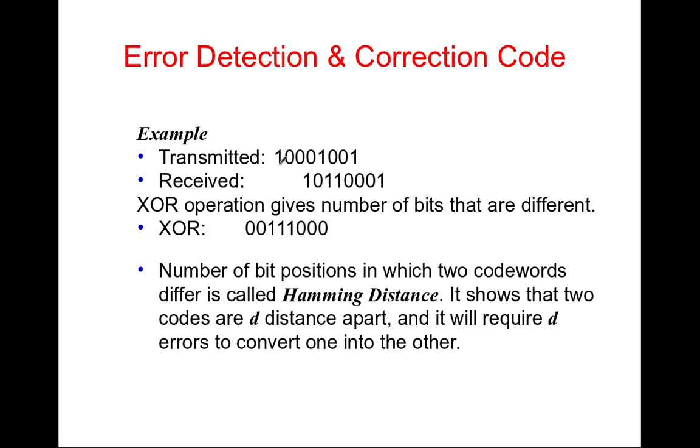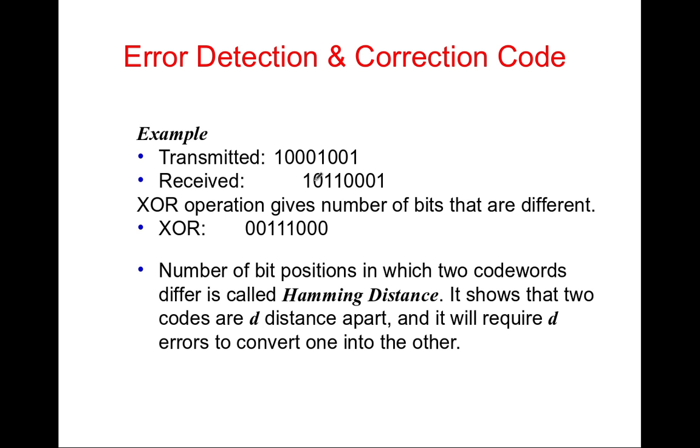For example, if this is the code which is transmitted and the corresponding code which is received is like this, you can have an XOR operation that gives how many bits actually changed in transit. You know that the XOR operation will simply tell you which bits have toggled. So based on the inputs, the sent one and the received one, the XOR operation will give this one.